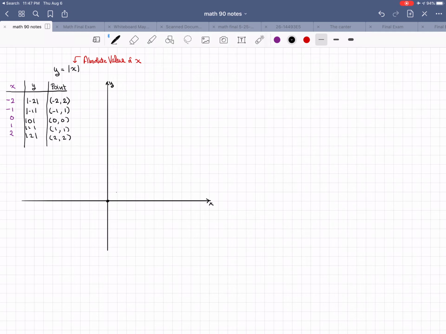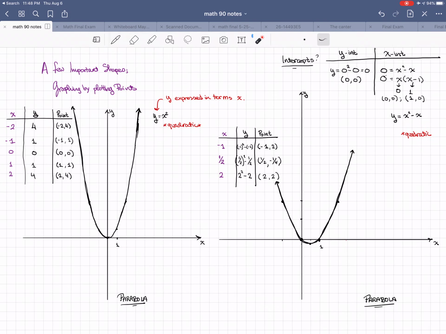So there's 0, 0, 1, 1, 2, 2, 0, 0, -1, 1, and -2, 2. If you look real quick at these 3 points, the one at -1, the one at 0, and the one at 1, they're all exactly the same as these 3 points.